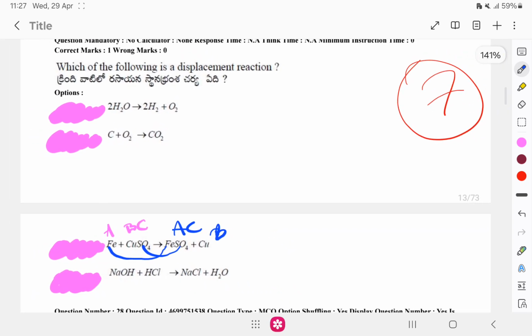Okay. See the answer. This is the right answer.